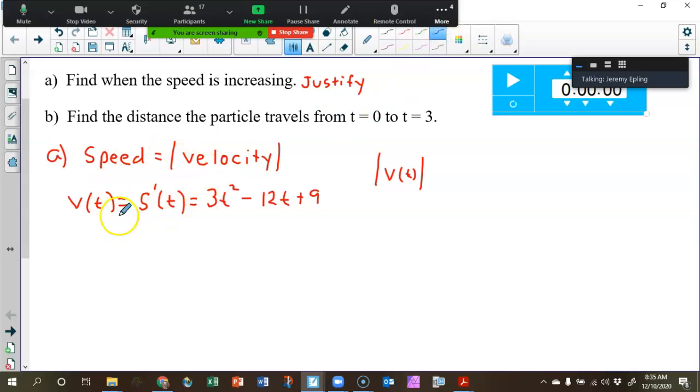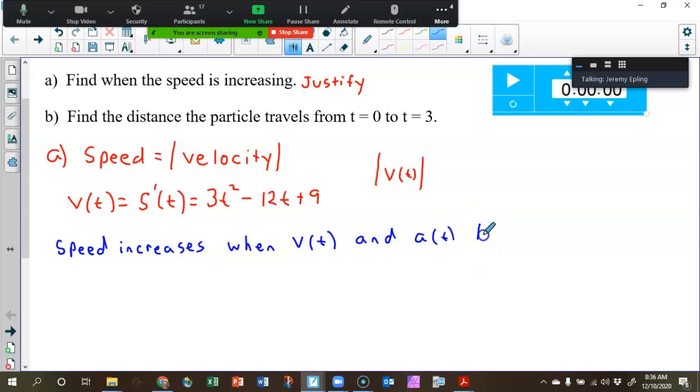But as we've talked about speed, speed increases when velocity and acceleration, both vectors, have the same sign.